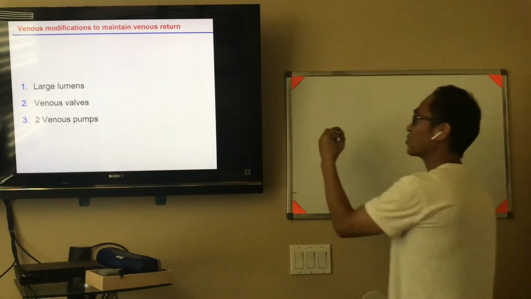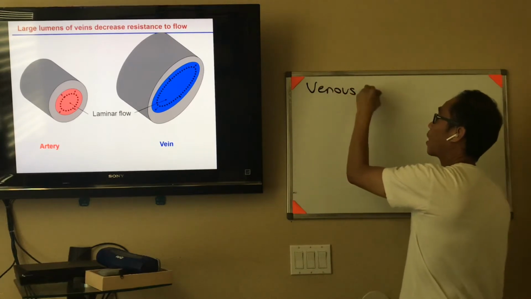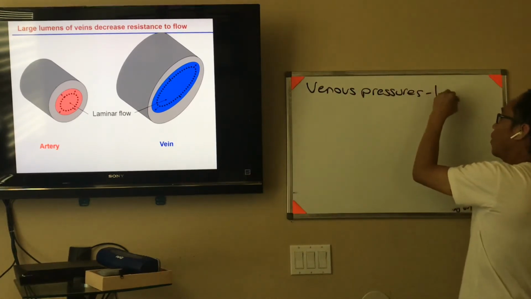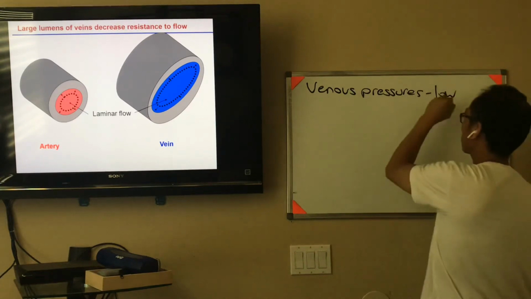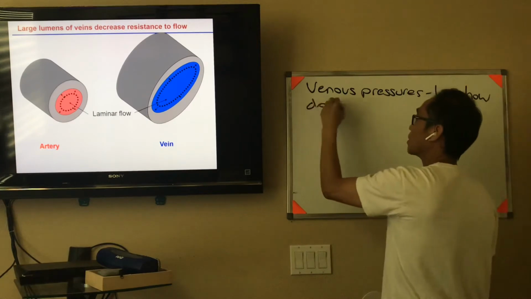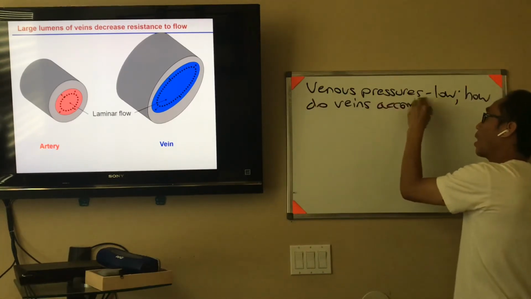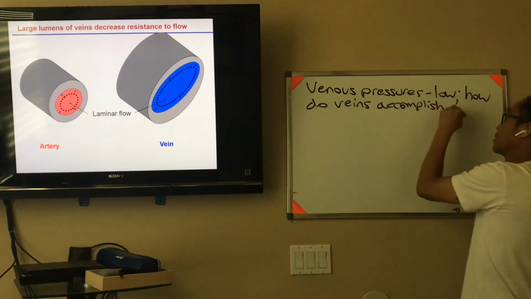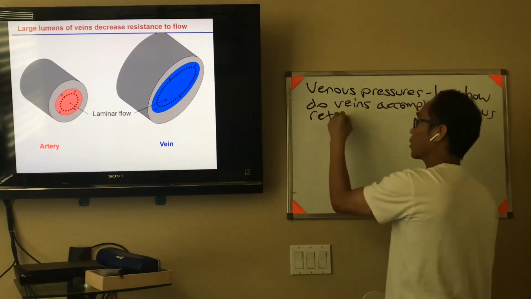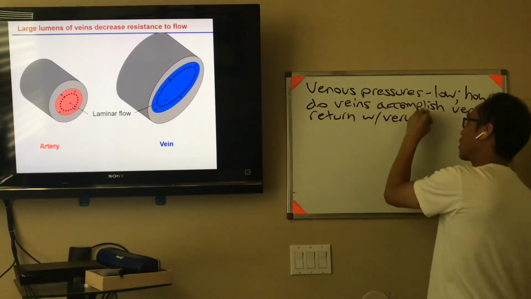So in venous pressures, basically what I'm trying to say is that they're low. So how do veins accomplish venous return with very little pressure?